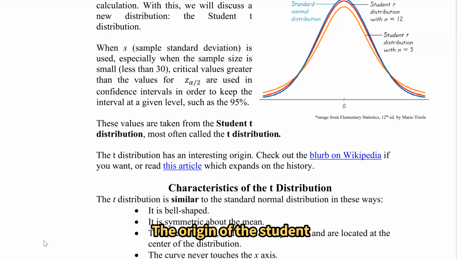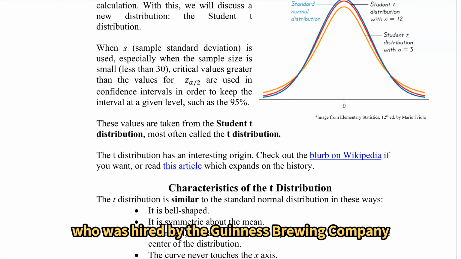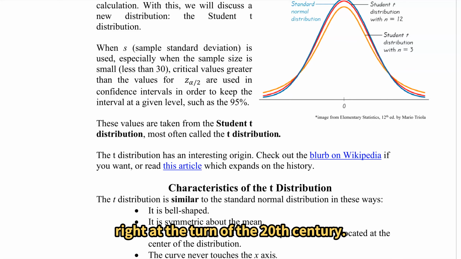The origin of the student t distribution comes from the brewer, Guinness, in Ireland, who was hiring mathematicians for quality control of their product. William Gossett was a mathematician who was hired by the Guinness Brewing Company right at the turn of the 20th century.